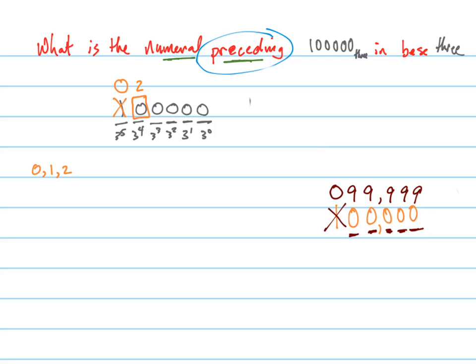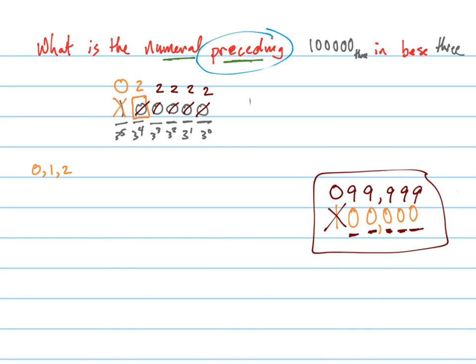So all of these change to the highest possible number, which is 2. It takes a little bit of faith to see it, but you can see how it works in the tens digit, and that's how it works in everything.